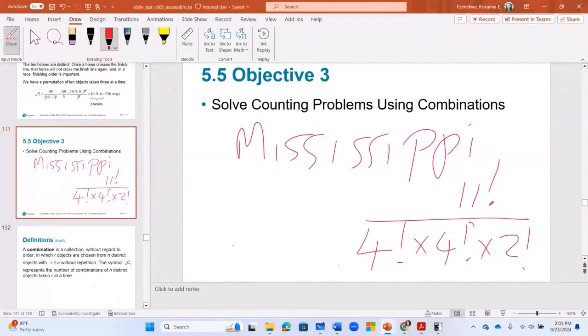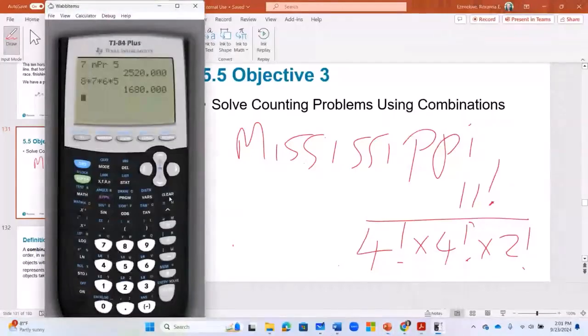So I am going to get my calculator and evaluate that. In how many ways can the word Mississippi be written where order is important? This is a permutation question. So 11 factorial. You go to math, you go to PRB, factorial, number 4.